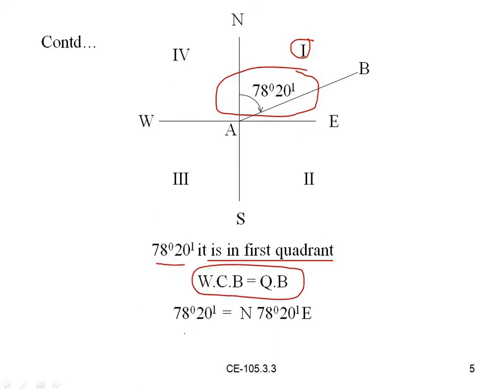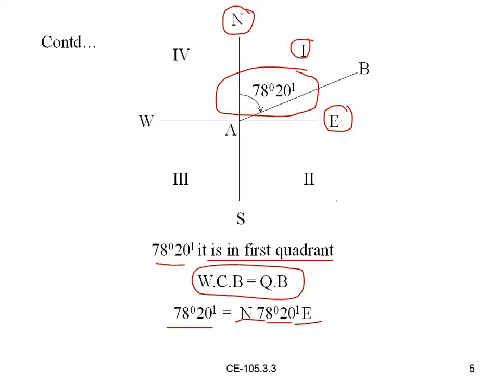So we write 78 degrees 20 minutes. What is the direction here? North and east, it is between north and east. That's why we write north 78 degrees 20 minutes east. This is the answer.